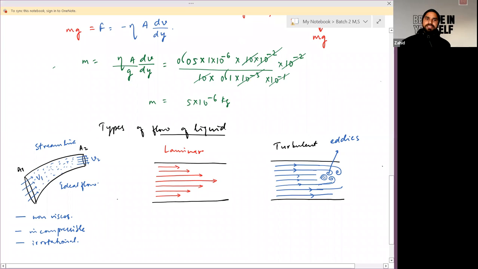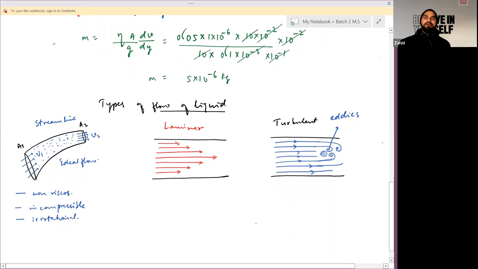So we mainly have these three different types of flow of liquid. We have to define at what condition these three different flows of liquid would occur. So let's write it down.